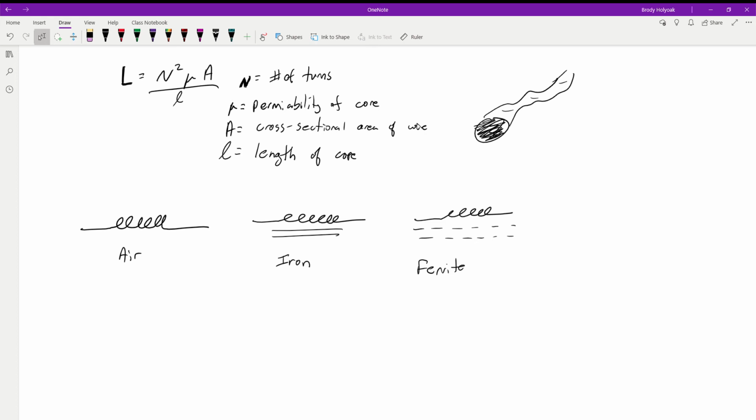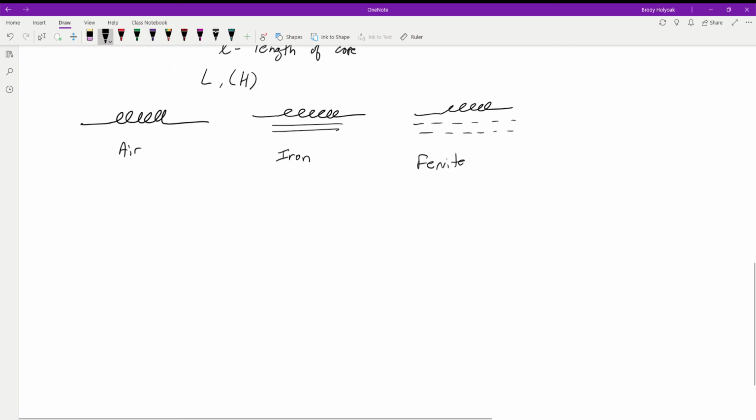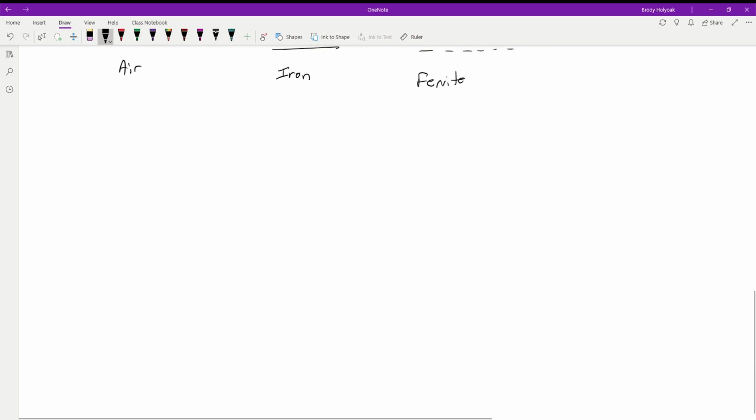And then, like we said, L is measured in henries. One of the things we need to talk about here is a couple of the laws in relation to how inductors and magnetic fields work. So we want to talk about Faraday's law. Faraday's law can be broken down into two parts.